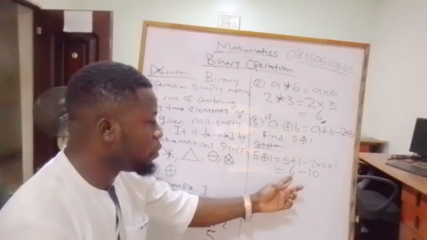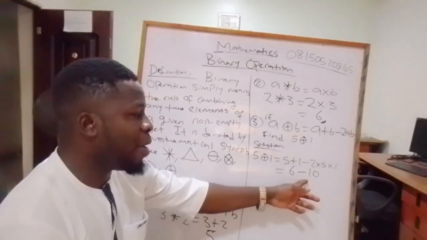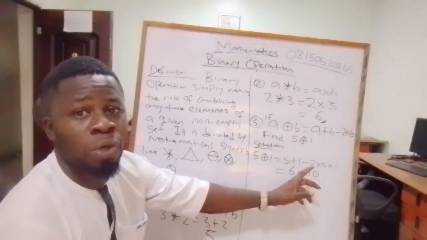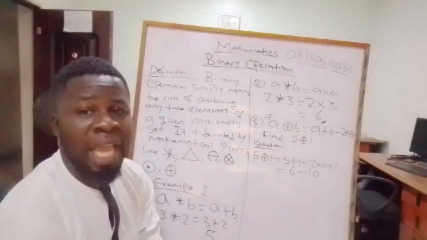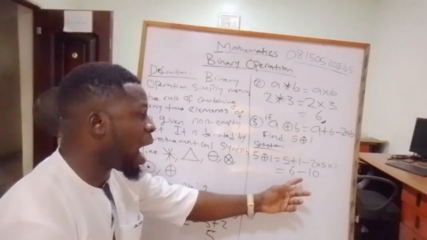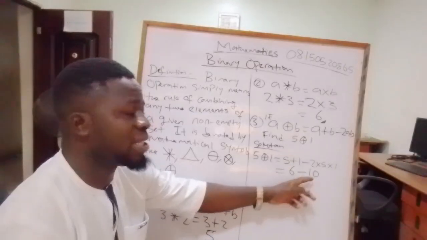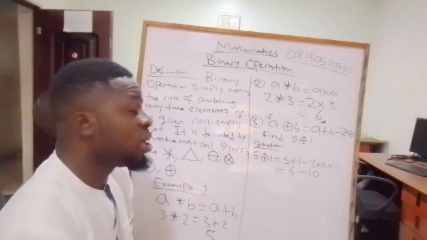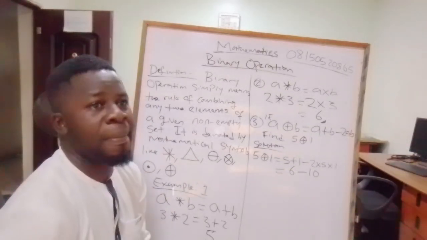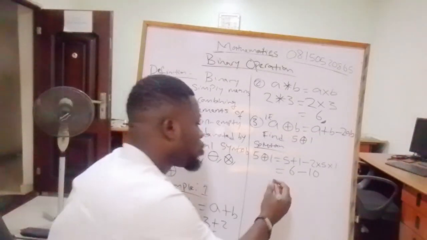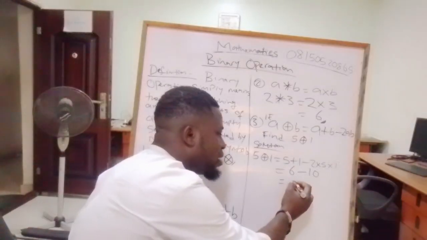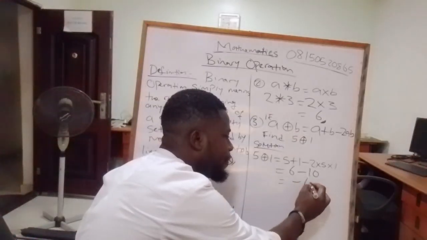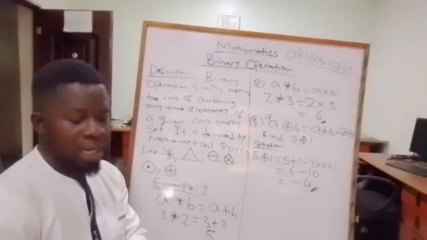Now, if you give out your 6 pounds, how much do you need to balance the 10 pounds for your friend? Definitely you need 4 more. Because you need it to be complete, that's going to give us a negative. So that's going to be minus 4. So that will be your final answer.